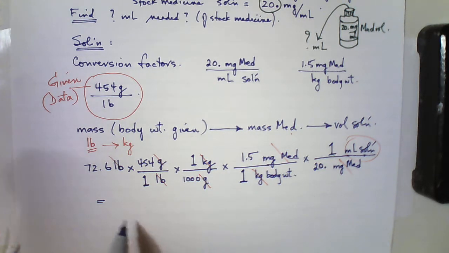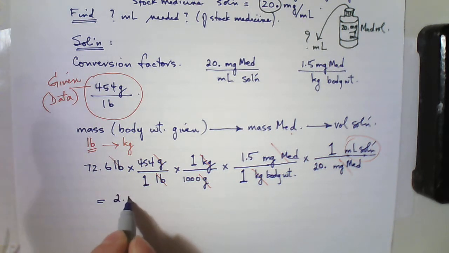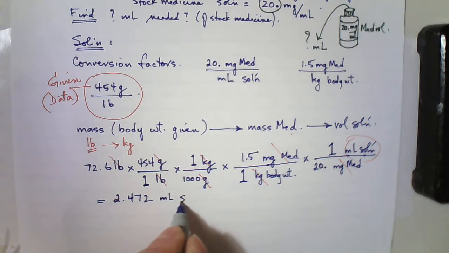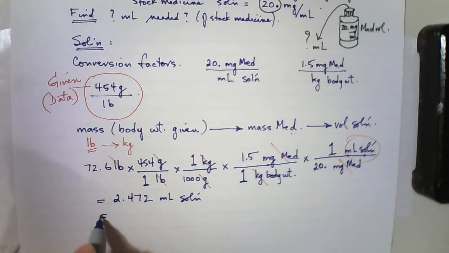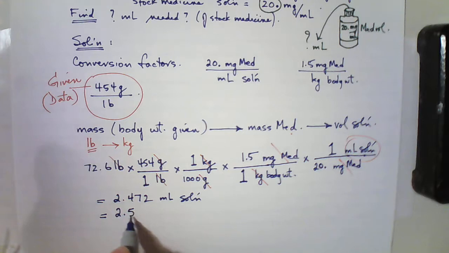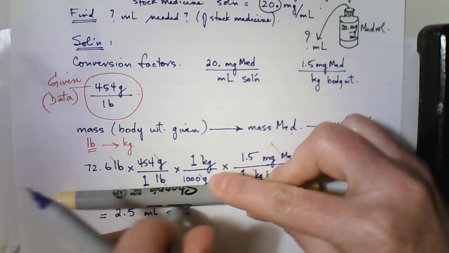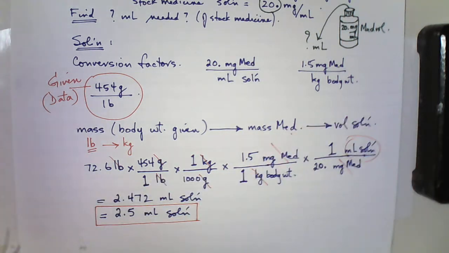So my 2.47203 on the calculator is equal to, you know what, I'm going to write it down so people are recognizing that we are converting. So the number on the calculator was this, milliliters of solution. But now I will fix that to the correct number of significant figures, round it to 2.47. That's my final answer. You can check your calculations on the calculator to make sure they are correct. We have checked our units together, so we're confident that we've done the right process, and that is the answer.